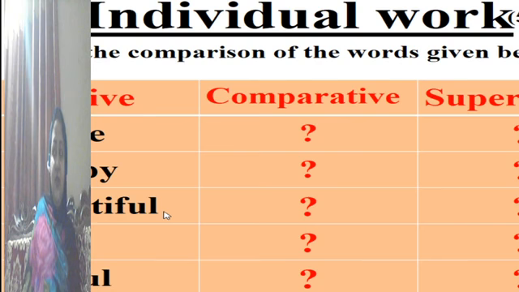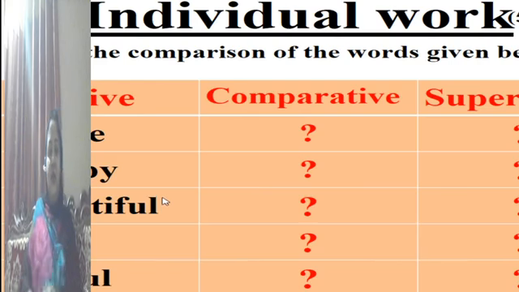beautiful. But we cannot say here beautifuler. Mind it, my dear student. When we divide the word into syllables, when it has more than 2 or 3 syllables, you can use more and most here. So we add more before it when we use it in a comparative sense, and we use most when we use it in a superlative sense.